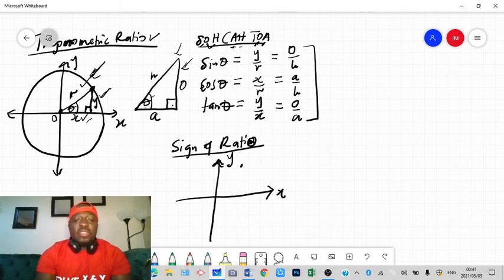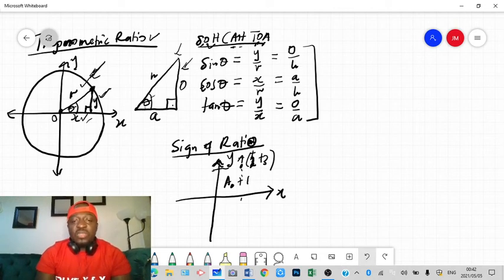When we have a point, let's assume we have a coordinate here, A. Let's say the y value is 3, and then the x value is, let's say, 2. You can see that both numbers are positive. Wherever you move this point, let's say you move it here, the numbers may change, but the signs will not change. If you move it here, the numbers may change, but the signs plus plus will not change.